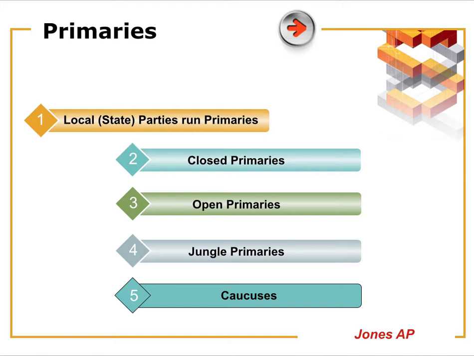The states give the parties that control, and the candidate that is chosen by party members is usually the one that is most loyal to the building blocks of what the party is trying to achieve.